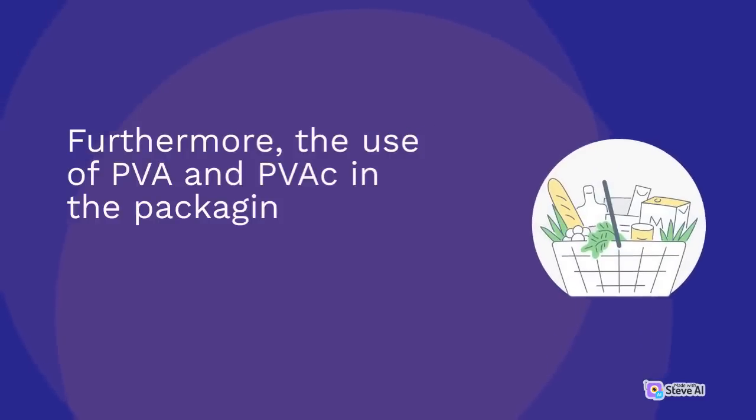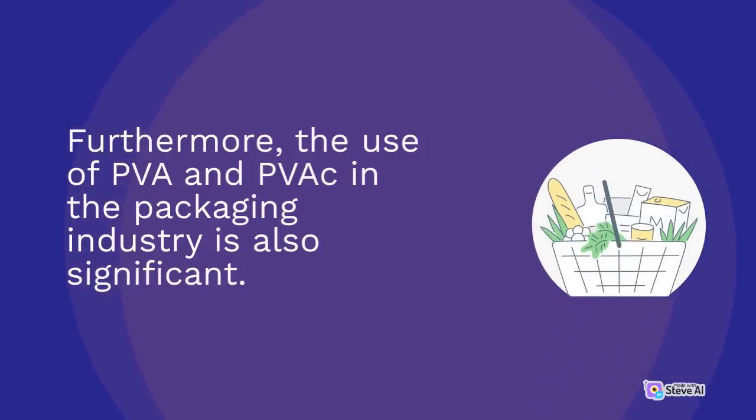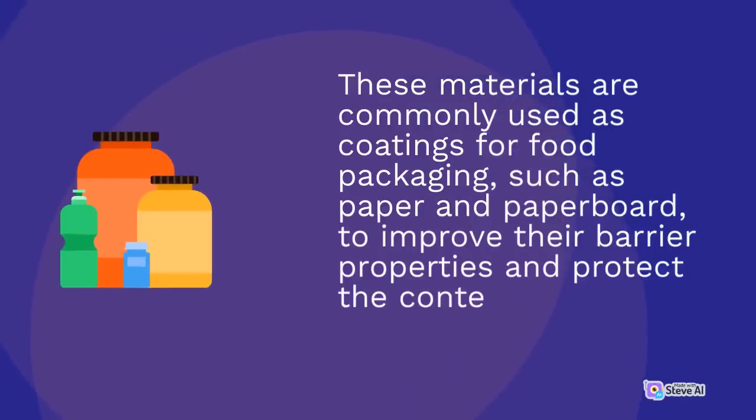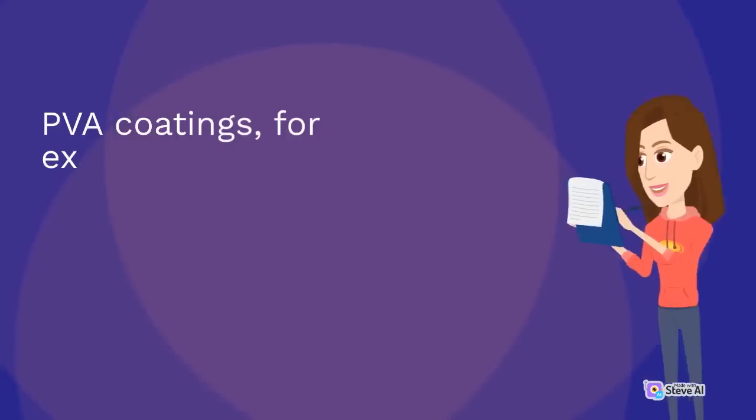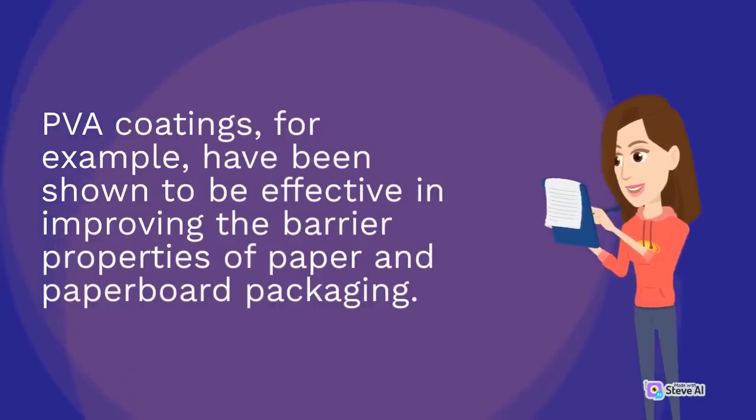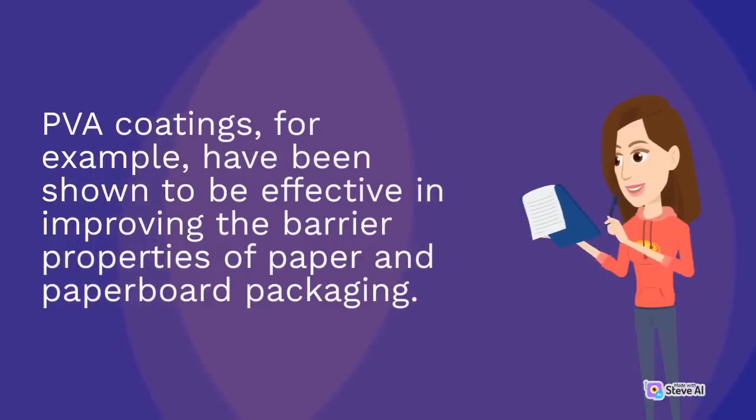Furthermore, the use of PA and POTS in the packaging industry is also significant. These materials are commonly used as coatings for food packaging, such as paper and paperboard, to improve their barrier properties and protect the contents from moisture and oxygen. PA coatings, for example, have been shown to be effective in improving the barrier properties of paper and paperboard packaging.